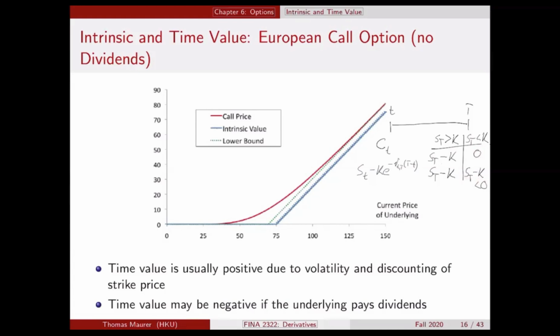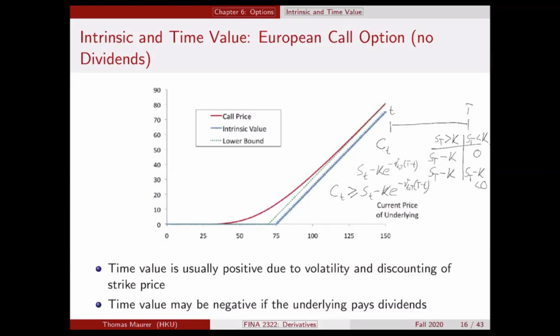And therefore the call option has always either the same or a higher payoff than this alternative strategy. This therefore implies that the price of the call option has to be larger or equal than the price of the underlying asset minus that present value of K dollars.